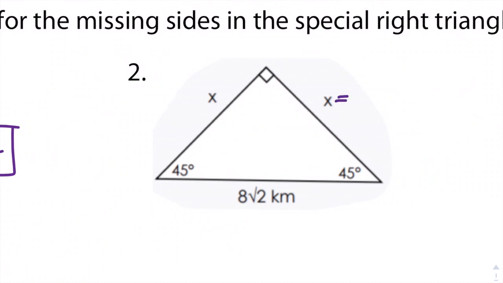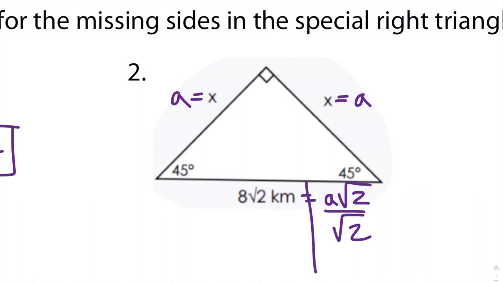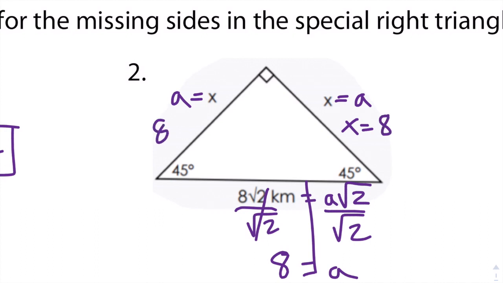Again, label the two short sides as A. See, I think this is easier than the 30, 60, 90. There's less to remember. I need to figure out what A is first, so I'm going to solve for A. Cancel that out. I get 8 is A. That means these are both 8. Cool.